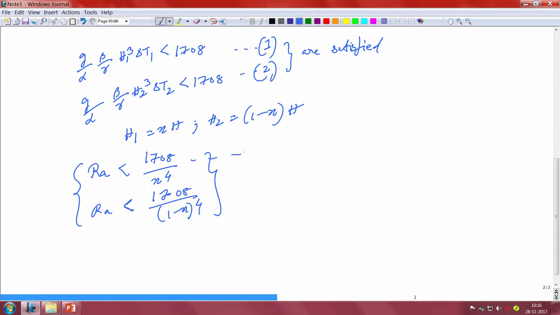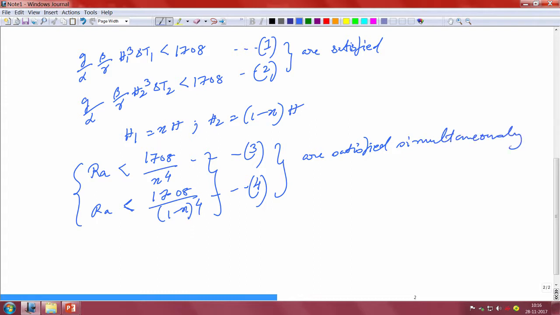Let us name this as 3 and this is 4. These two conditions are to be satisfied simultaneously by all Rayleigh number and x points.